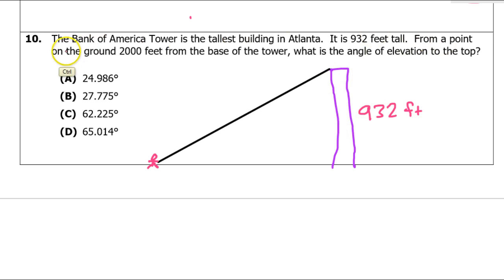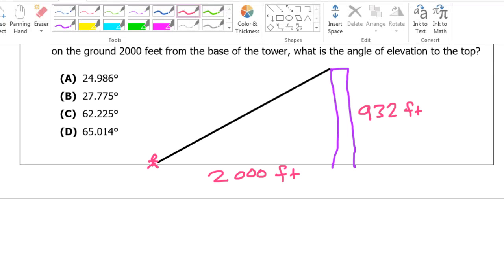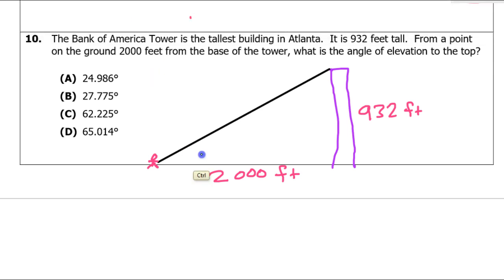From a point on the ground, 2,000 feet from the base of the tower. So we're talking 2,000 feet from the bottom of the tower. What is the angle of elevation? So the angle of elevation is going to be this angle right here. That's the angle of elevation.